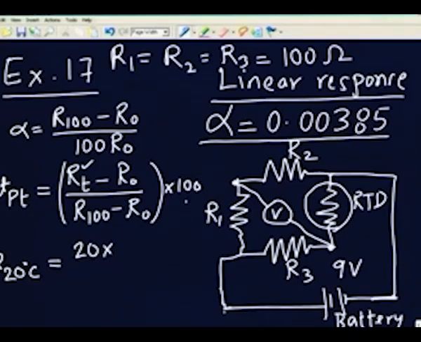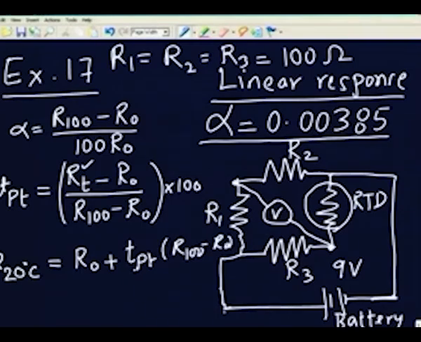So, I will use the alpha value, and R20 is equal to R0 plus TPT multiplied by (R100 minus R0) divided by 100.